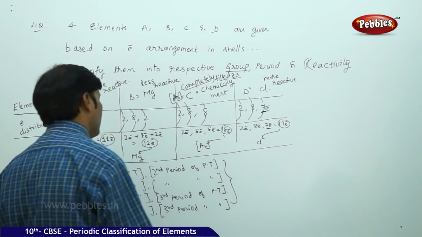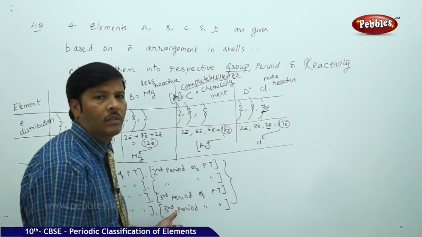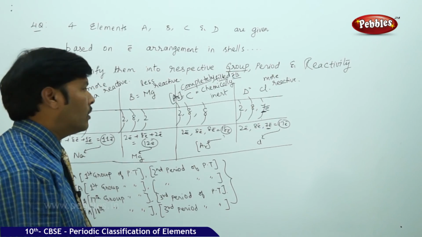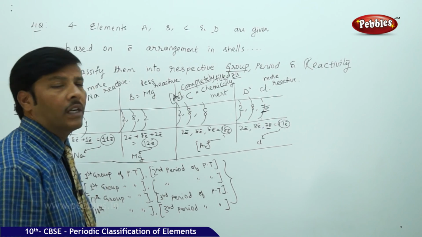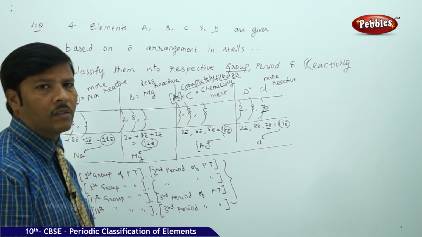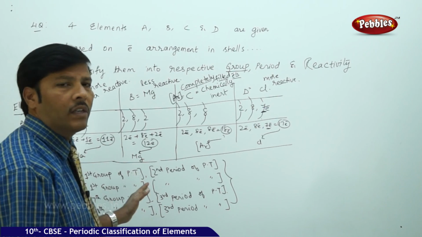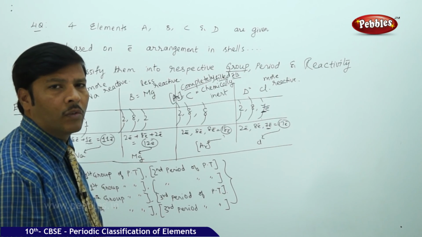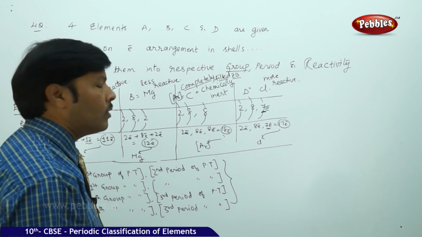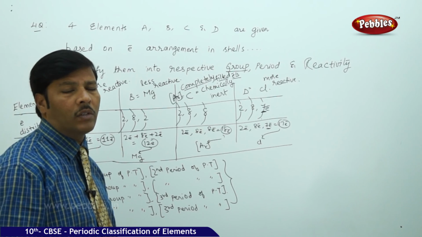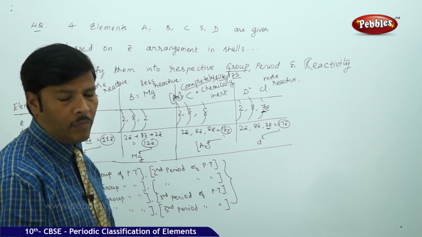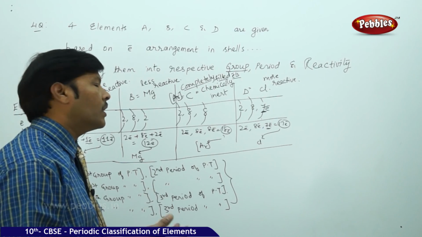So in this way we can classify them into periods, groups, and also into their more reactivity and less reactivity. In the periodic table, one thing you have to keep in mind is that any element having incompletely filled electrons in the outermost orbit tries to participate in the chemical reaction and becomes chemically reactive.